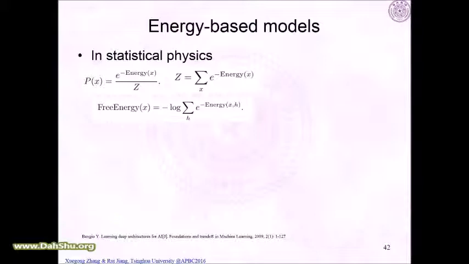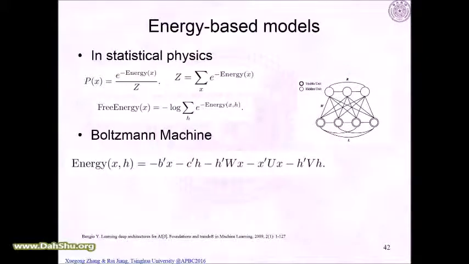Let's look further at what the model is like. The model is a general family of energy-based probabilistic models in statistical physics. The Boltzmann machine is fully connected, which means there are not only connections between different layers, there are also full connections within the layer.